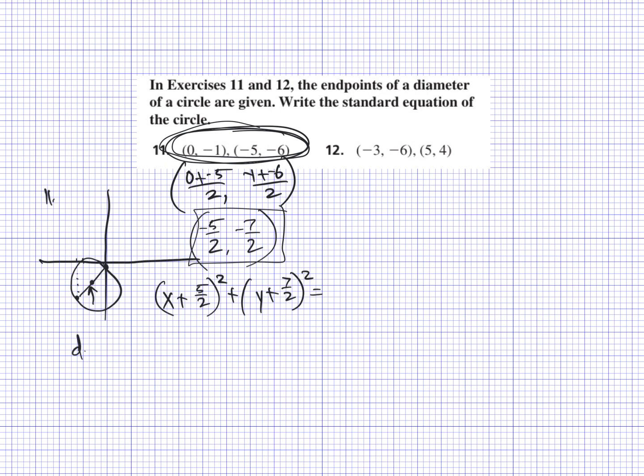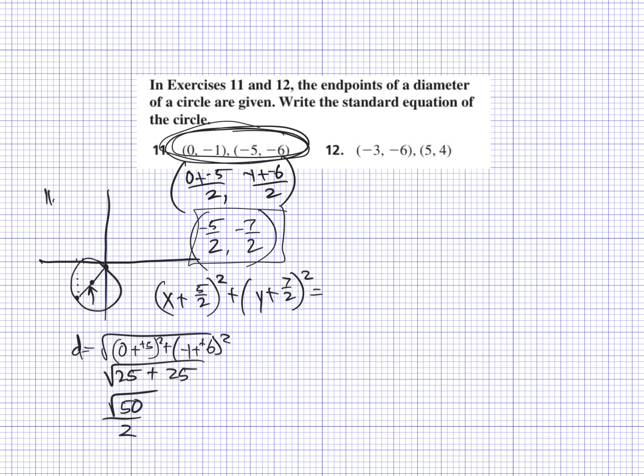The distance of the diameter is equal to the square root of x minus x, 0 minus a negative 5, and -1 minus a negative 6. So 5 squared is 25. -1 plus 6 is 5, so 5 squared is 25. So we have the square root of 50. If we divide that in 2, that's our radius.